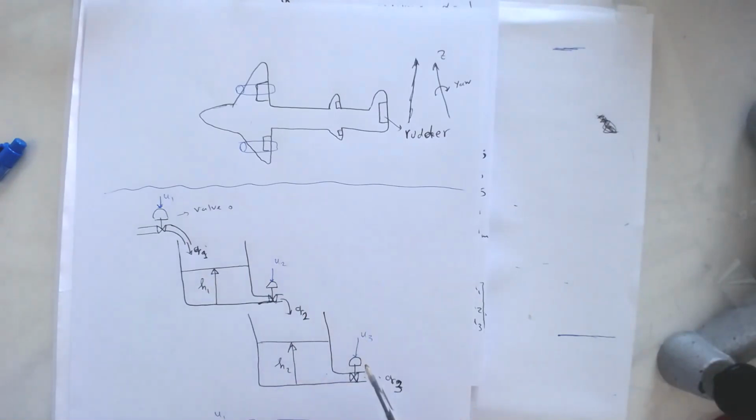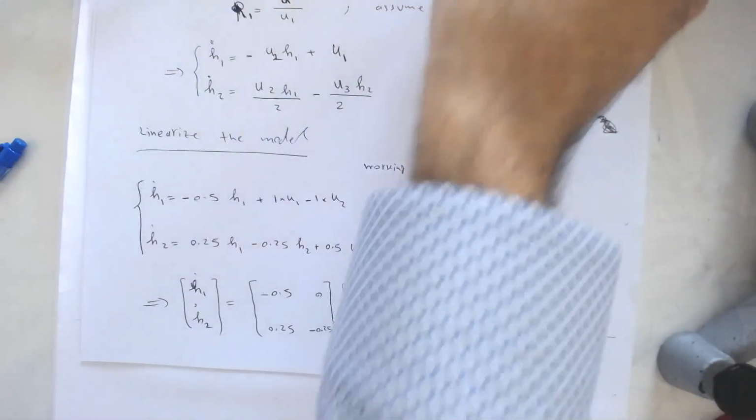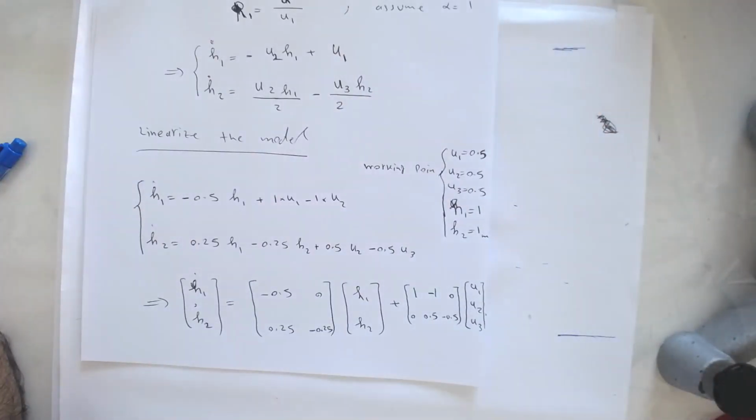And then we use valve number 3 to control the level of water in tank number 2. And just use a ready-made PID block in MATLAB, because I want to show you what happens if this fault happens. Then we need to switch to the other control, to the other valve.